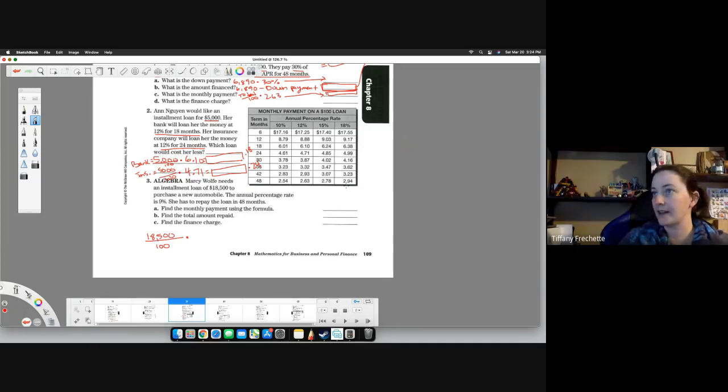Because instead of 18%, I want 9%. But I truly don't think that'll work. Let me see. Times. No, so it doesn't look like it's giving me the correct amount.